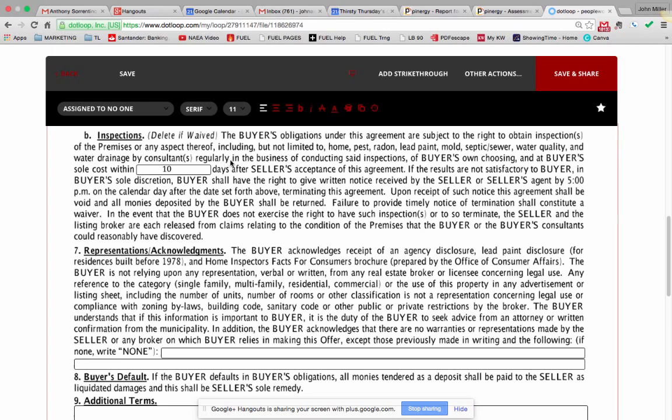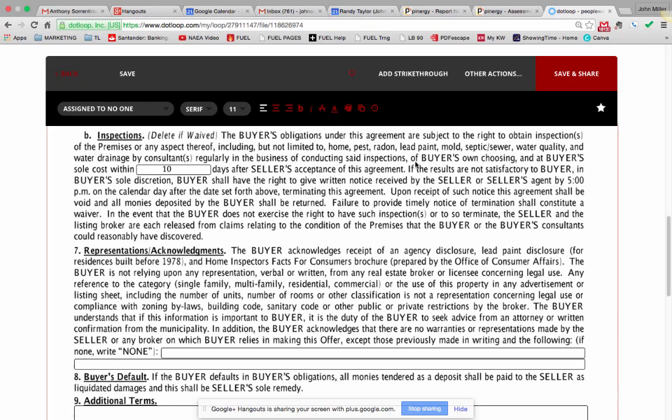So this is arguable. It could be a contractor. It doesn't need to be a certified, licensed home inspector who's a member of ASHI. It just says consultants regularly in the business. You could have a cousin who's a contractor do these inspections.